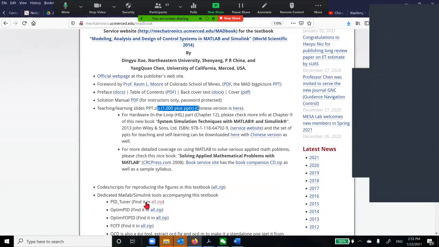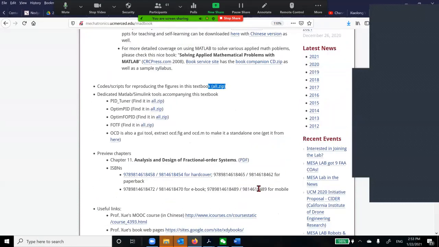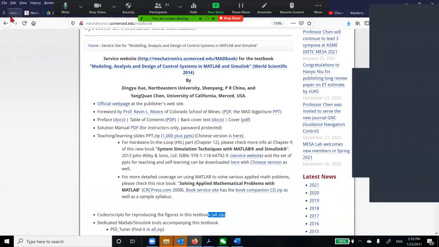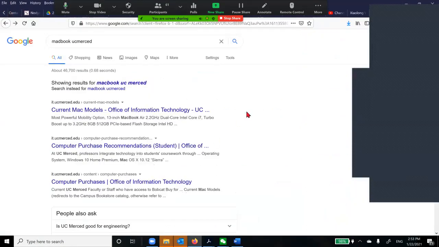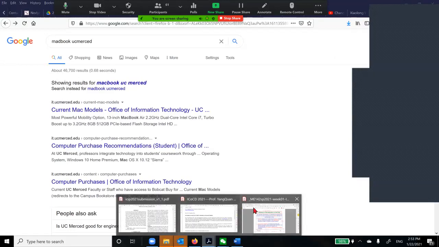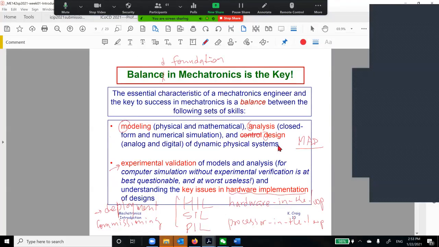Most importantly, in this book we have lots of figures, and each figure can be reproduced by downloading this zip file and unzipping it. You can reproduce the specific figure we put in the book. It's pretty impressive. We put many years of effort on that. But only if you have the bandwidth to enhance your study on control systems, the math part.